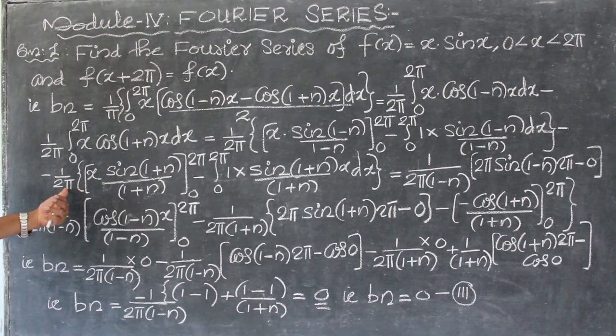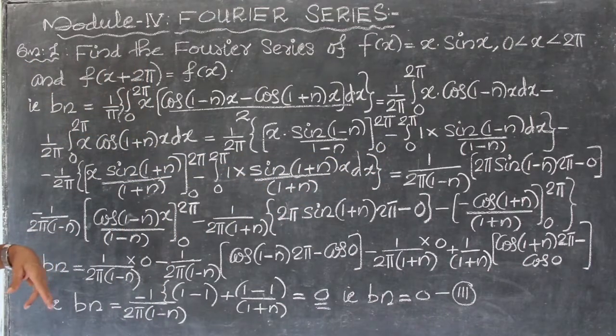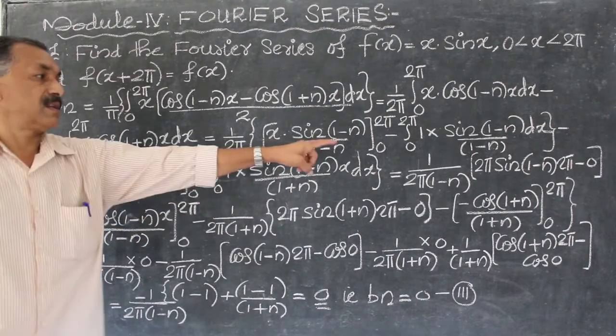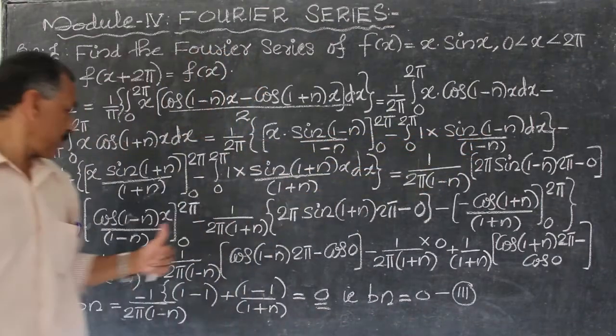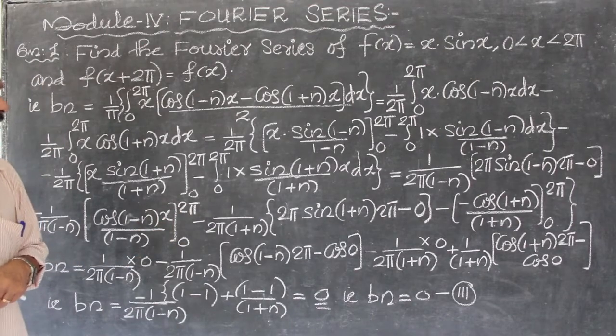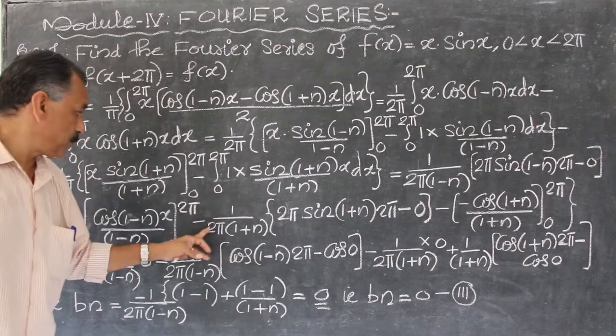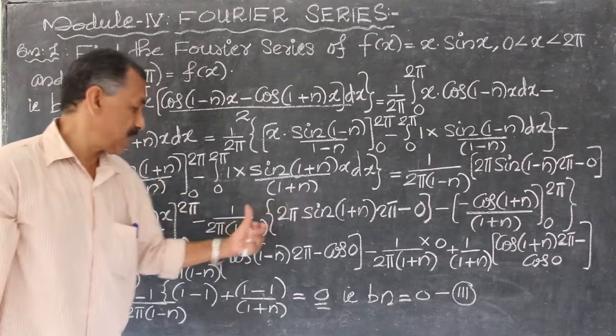And after the integral, the value is equal to minus 1 by 2 pi, cos(1 minus n)x divided by (1 minus n), x between the limits 0 to 2 pi. Minus this term, minus 1 by 2 pi, but (1 plus n) outside of it.